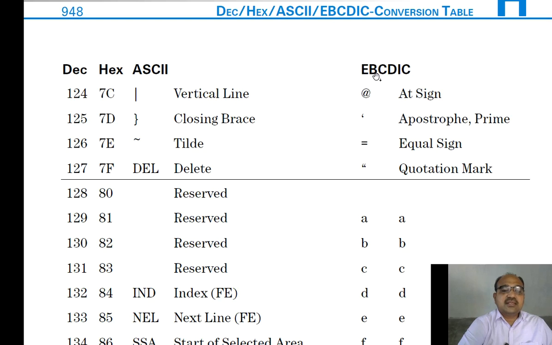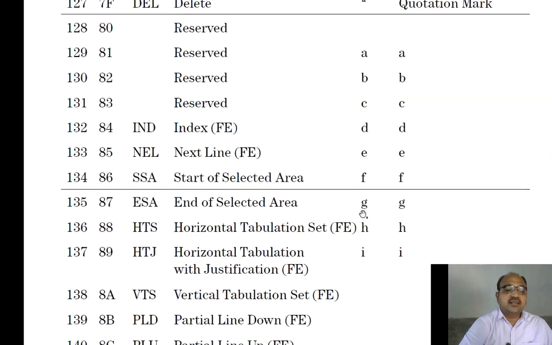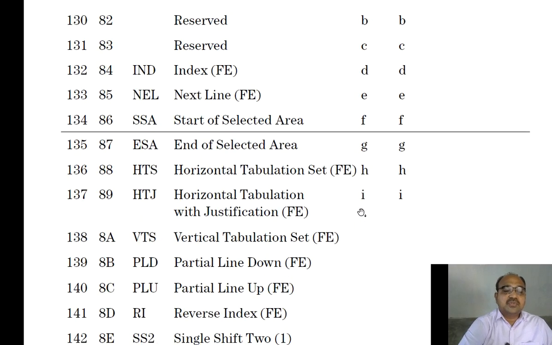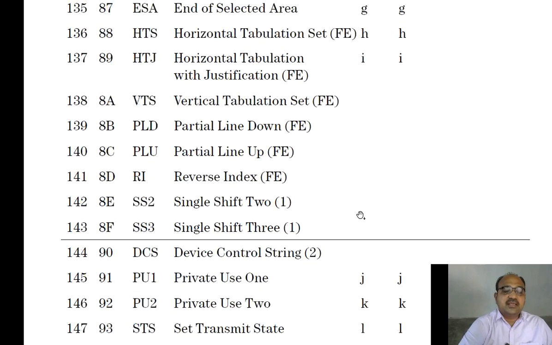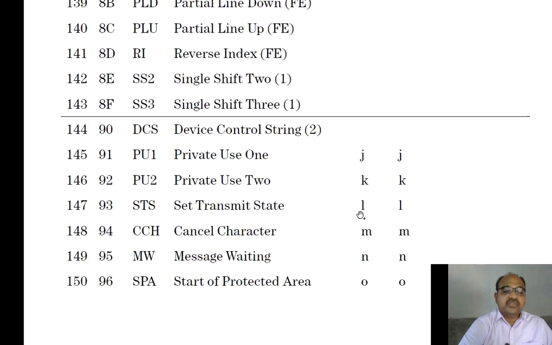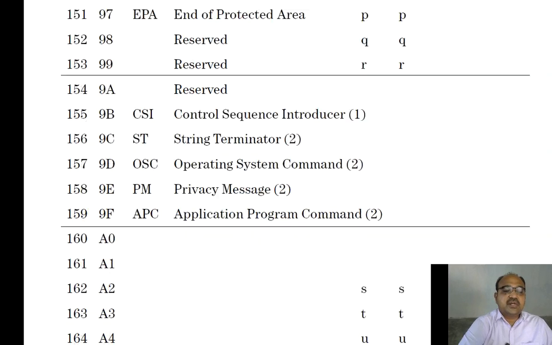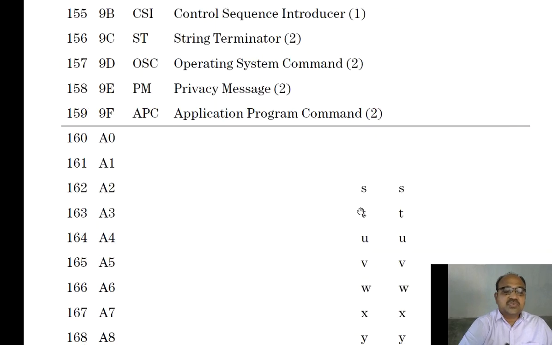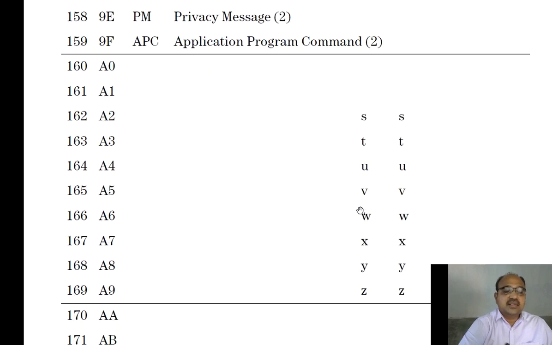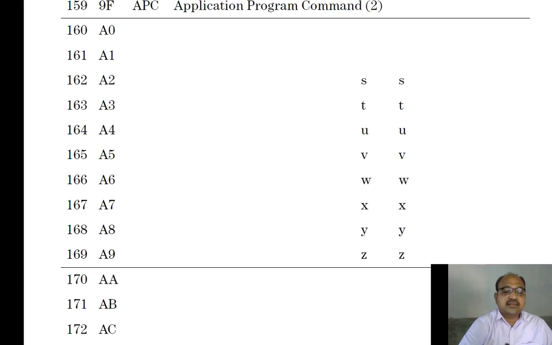Whereas you can see here in case of EBCDIC, decimal number 129 represents small a, up to 137 small i, and 145 small j, up to 153 small r, 162 small s, and up to 169 small z.